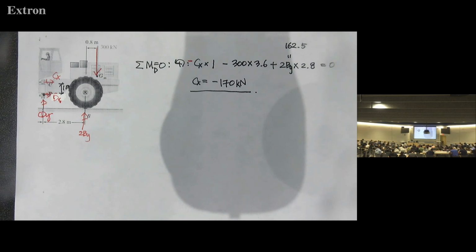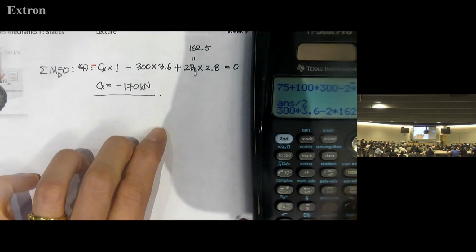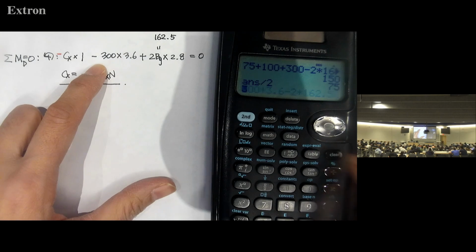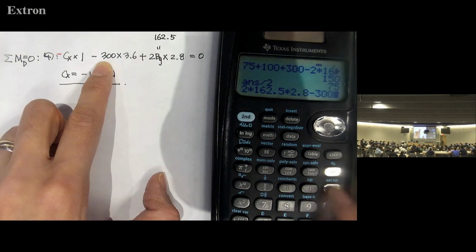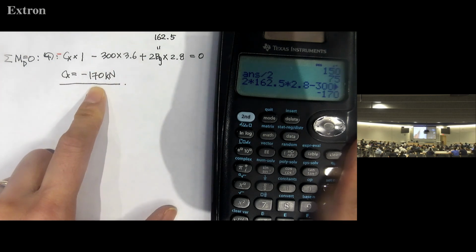No? Okay. So maybe you can move this one to here, right? Then 2 times 162.5 times 2.8 minus 300 times 3.6. Right, so that's minus 170, so that's what I've got.